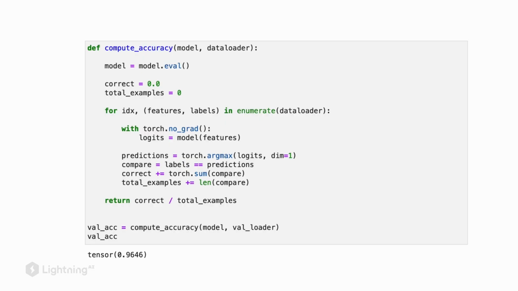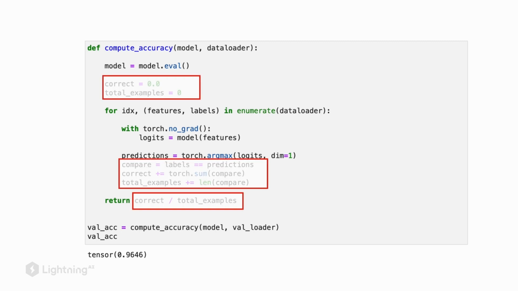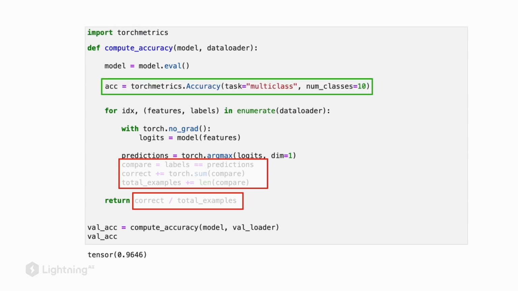TorchMetrics follows actually a similar concept as our compute accuracy function, and it computes the accuracy and other metrics incrementally. So we can now modify our compute accuracy function using TorchMetrics. Here these blocks are the parts that we are going to change. First up here, I'm instantiating a new accuracy object. Here we are using accuracy for a multi-class problem with 10 classes.